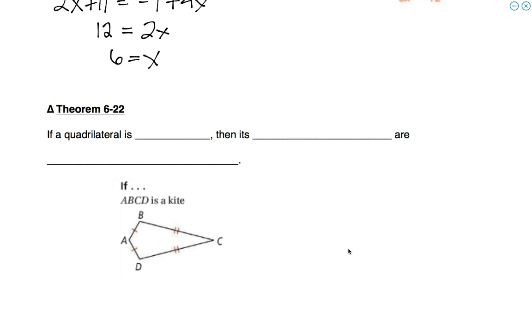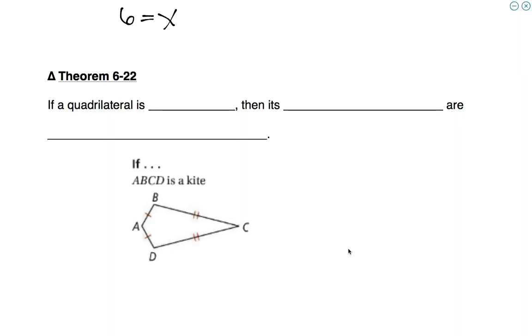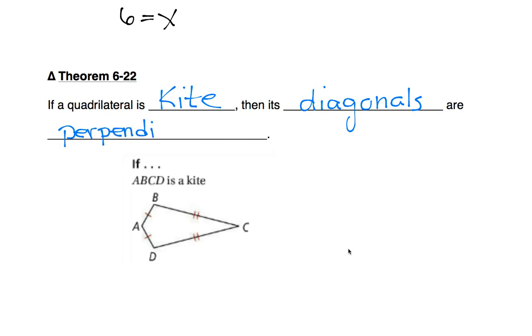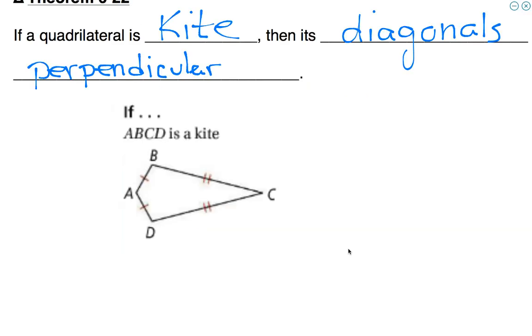All right, theorem 6.22. If a quadrilateral is a kite, then its diagonals are perpendicular. Also, pay attention here.